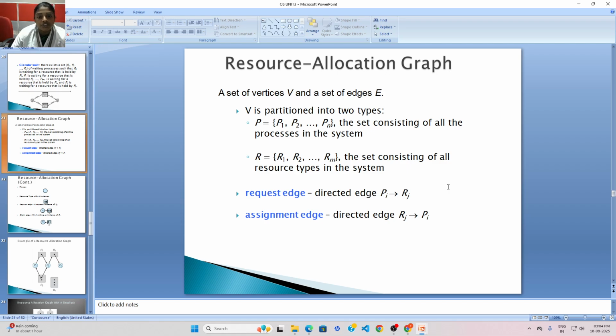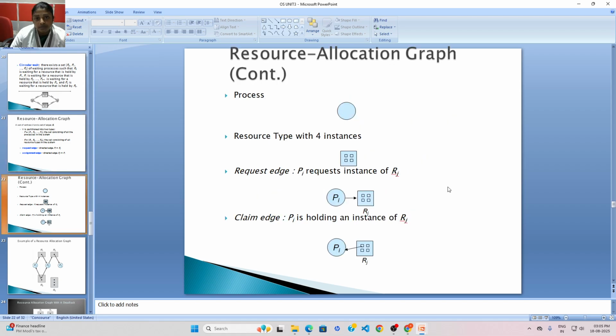Next, the resource allocation graph. Why are we using a resource allocation graph? If one process or job is completed, the resource is allocated to another job. The resource allocation graph shows this. Say upcoming jobs are 100. We have to allow them one by one using the resource allocation graph. Only then will the upcoming jobs be scheduled.